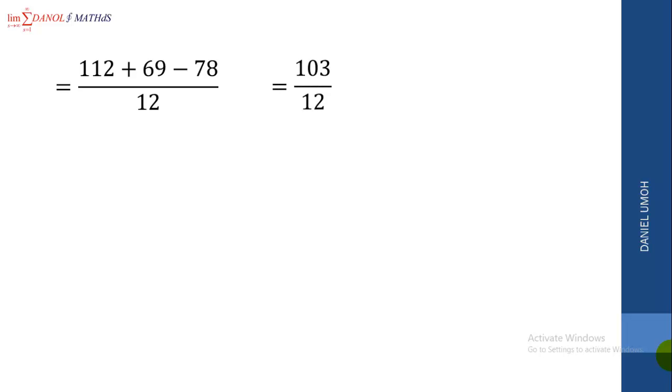Of course, that gives us 103 all over 12. That's the answer. But if you want to convert it back to a mixed fraction, we're going to say 103 divided by 12, and that will give us 8 whole number, remainder 7 over the original 12. I hope you understand what we just explained.